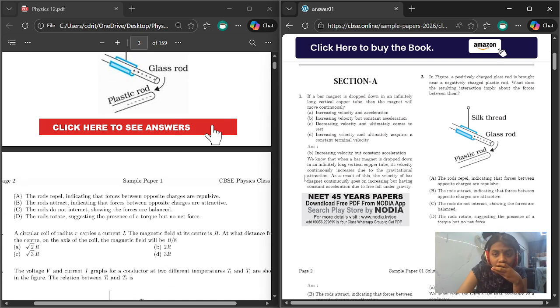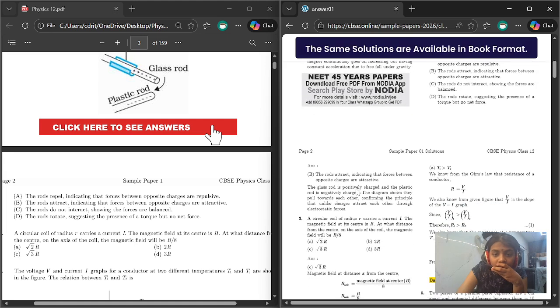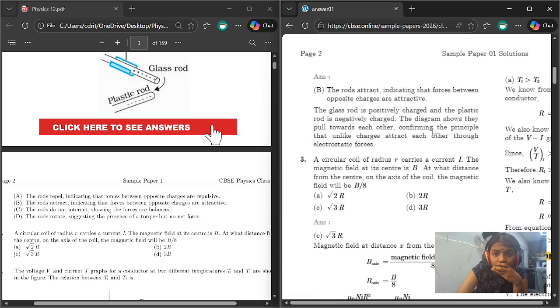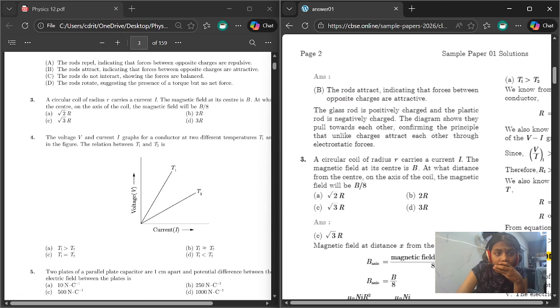The answer is B. The rods attract, indicating the forces between opposite charges are attractive. The glass rod is positively charged and the plastic rod is negatively charged. The diagram shows that they pull towards each other, confirming the principle that unlike charges attract each other through electrostatic forces.